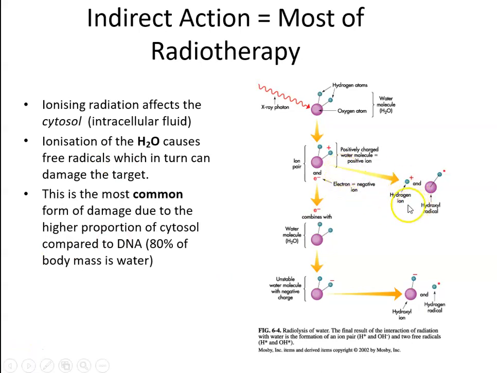So this will create a hydrogen ion and a hydroxyl radical, and these hydroxyl radicals are extremely reactive. So if this is anywhere near DNA, it will bind and cause a breakage of a phosphodiester bond. This will also cause the emission of an electron.